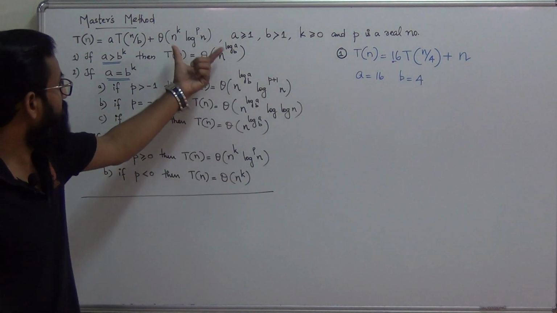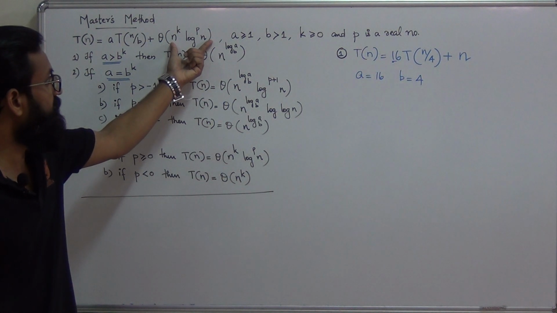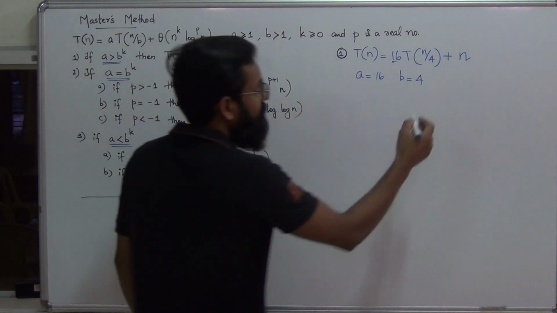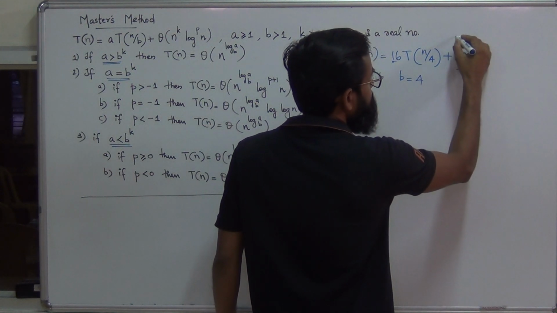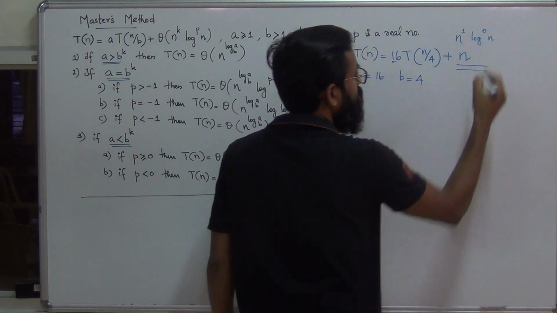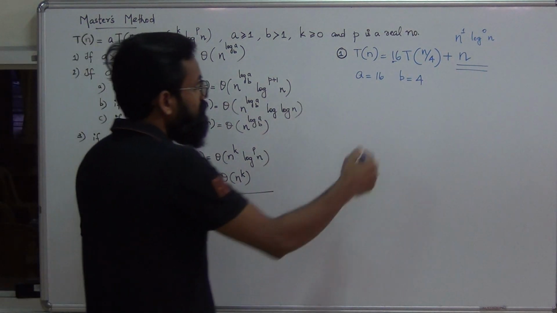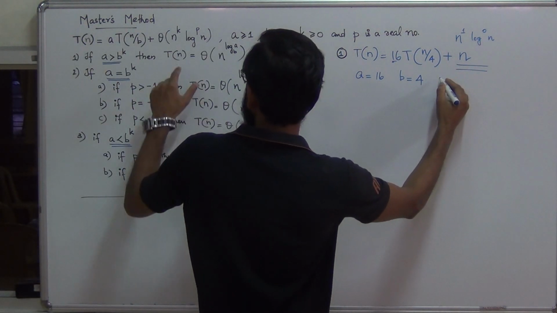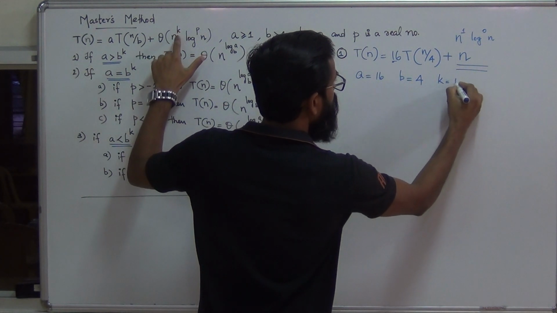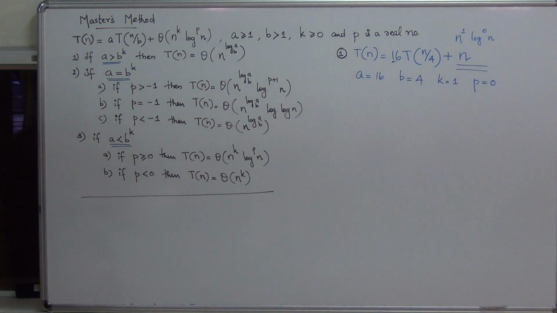Then f(n) is in the form n^k log^p n, so here you can consider this as n^1 log^0 n, and log^0 n is actually 1. So here k is equal to 1 and p is equal to 0. So we have identified a, b, k and p.